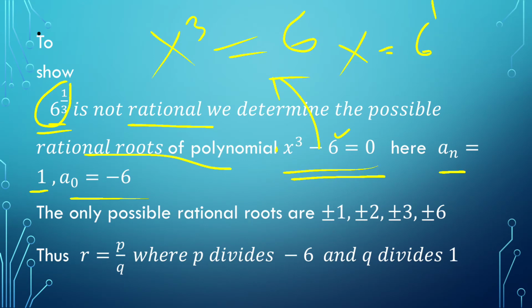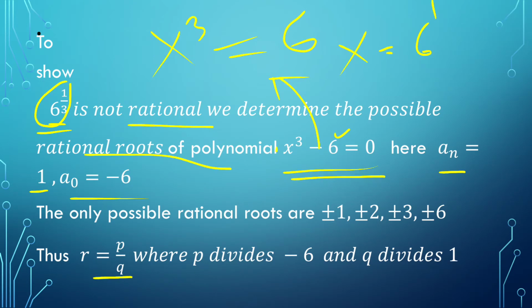So the only possible rational roots are found by the numerator dividing a naught, and the denominator dividing an, which is 1.